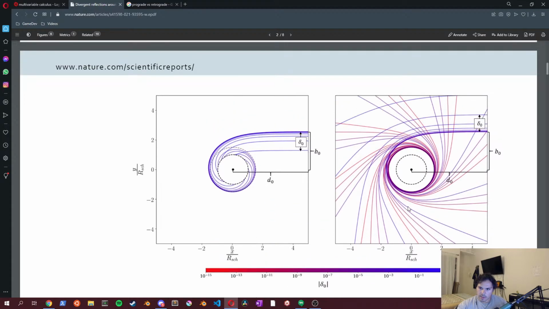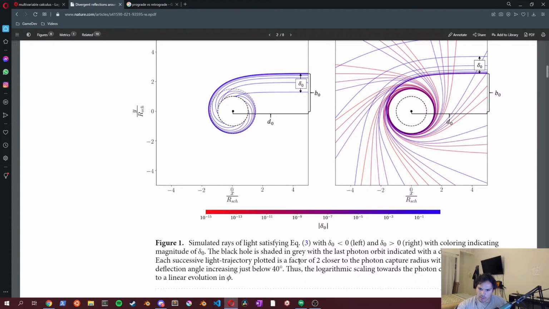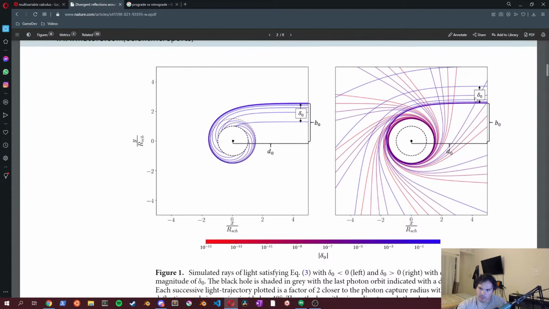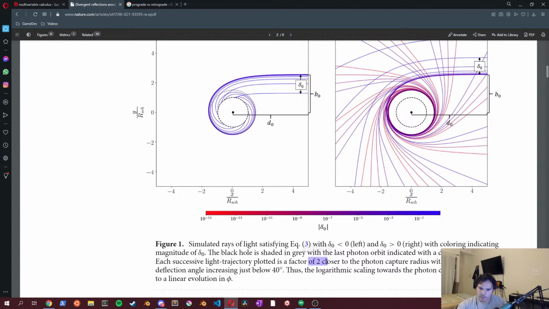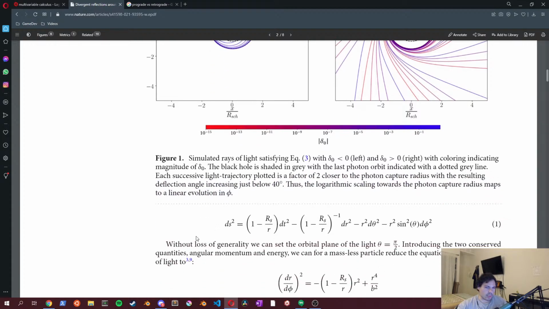And for each factor of 2, you get something like 40 degrees, like the difference between this angle here and this angle here is about 40 degrees. So as you scale delta 0 exponentially, e.g. by factors of 2, you get a linear scaling in phi. So that's what they mean by this last sentence: logarithmic scaling towards the photon capture radius maps to linear evolution in phi.